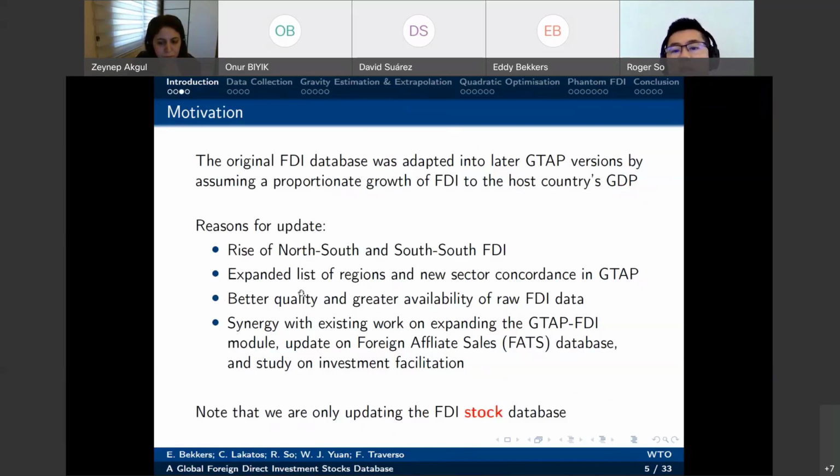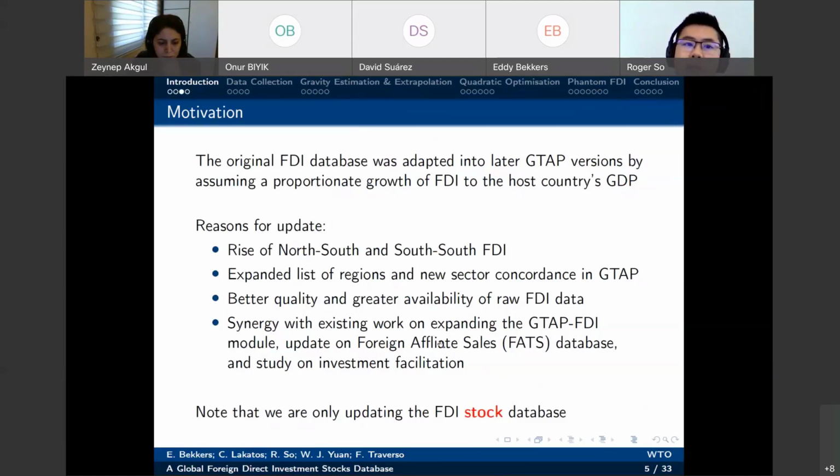And also more countries are now submitting more detailed FDI data. So there's greater data availability as well. And finally, our work synergizes as well with other projects. For example, the expansion of the GTAP FDI module, the update of the foreign affiliate sales database, and the research on investment facilitation, which are discussed in our other presentations today.